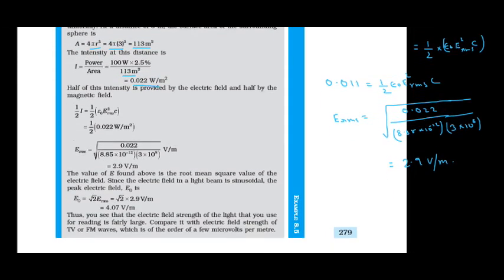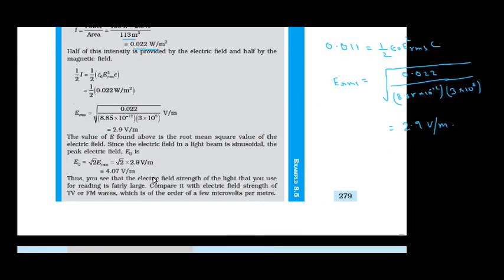This is the calculation for E RMS, the root mean square value of the electric field. Since the electric field in a light beam is sinusoidal, the peak electric field E naught is equal to root 2 times E RMS, which is root 2 into 2.9 volt per meter.